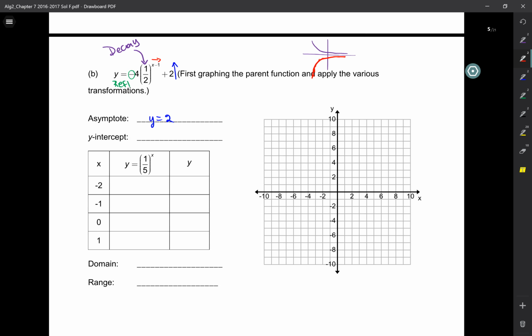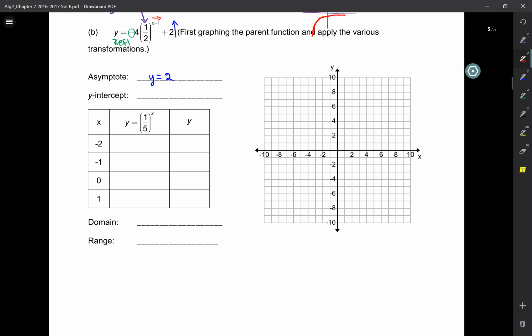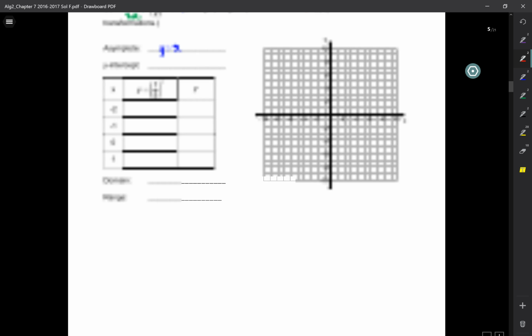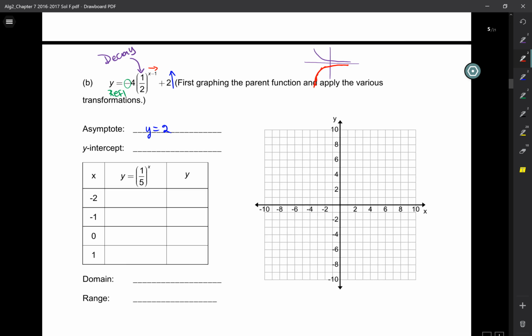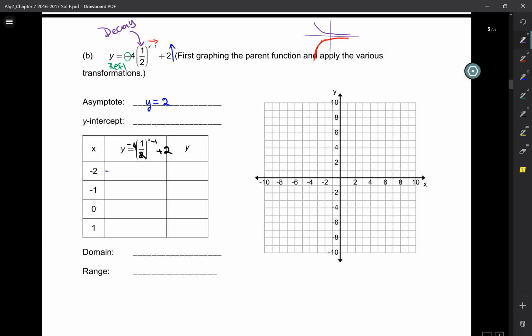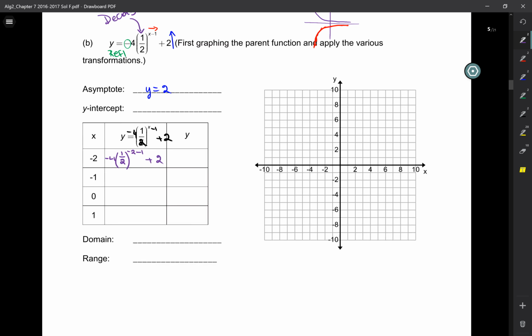All right, now, I copied and pasted and I put the wrong equation in here. It should really have been -4 times 1/2 to the power of x minus 1, plus 2. All right, so let's start plugging some numbers in here. So this is -4 times 1/2 to the power of -2 minus 1, plus 2, right?